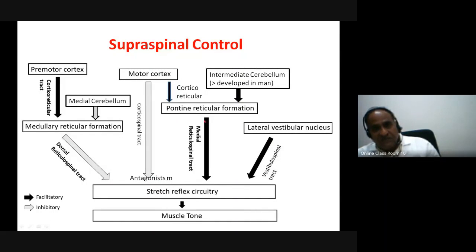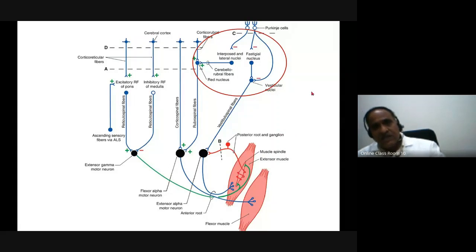In case of this activation, there are activations by two levels, one by the cerebral cortex, another by the cerebellum. Whatever is coming from the intermediate cerebellum is inhibitory here. These two excitatory aspects would enhance the facilitatory activity on the gamma motor neurons. They increase the tone.